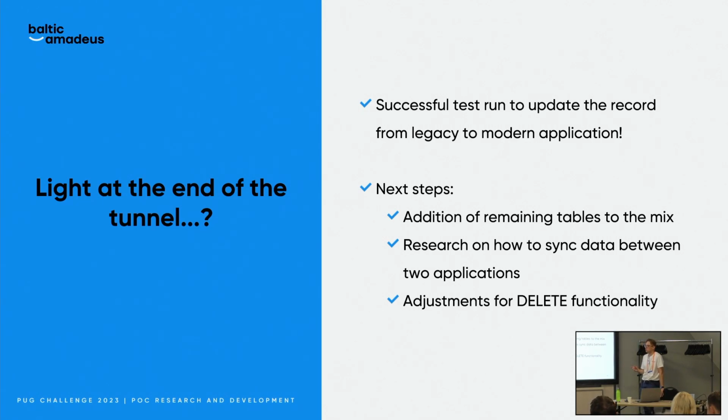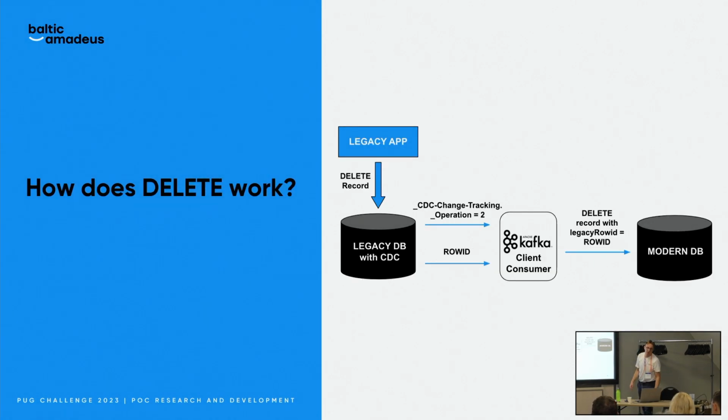We wanted to research how other modernization projects could be implemented, and we read about whether our solution makes sense, basically. And of course, we had to make some little adjustments for the delete functionality, which I'll show you just about now.